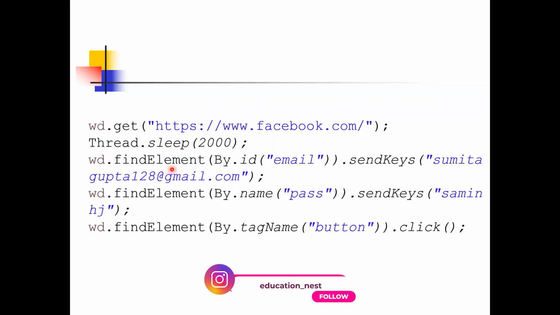Then we have done the example of ID. We inspected the web element and found it through ID, that is email. This is for username. For username, we have to enter some data, so that is entered through the keyword sendKeys, and here I have entered the email ID.